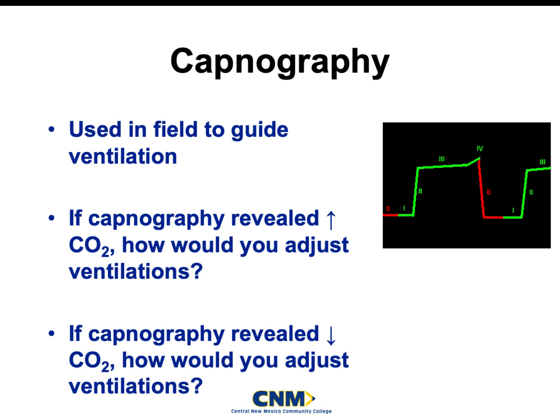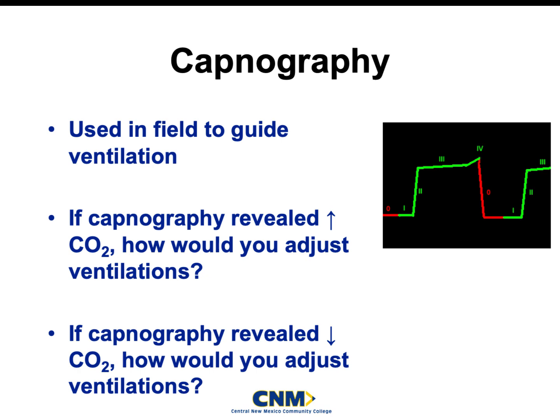Okay. So, a couple questions based on that last slide, and remember that respiratory rates will always follow CO2 levels. Okay. So if your capnography reveals that you have a high CO2 in your patient, and let's say you're ventilating for this patient, what do you guys think that you need to do in order to get those CO2 levels back to normal?